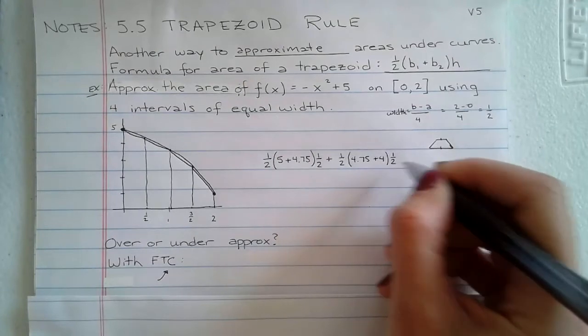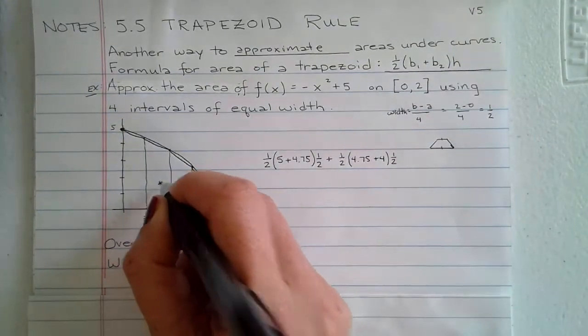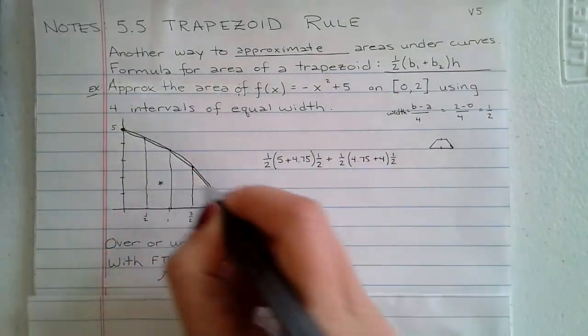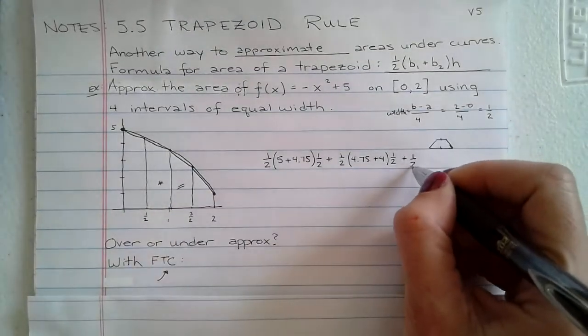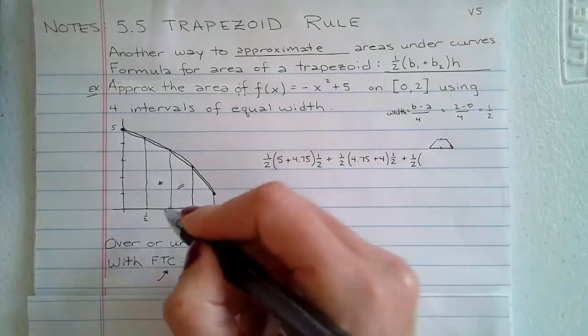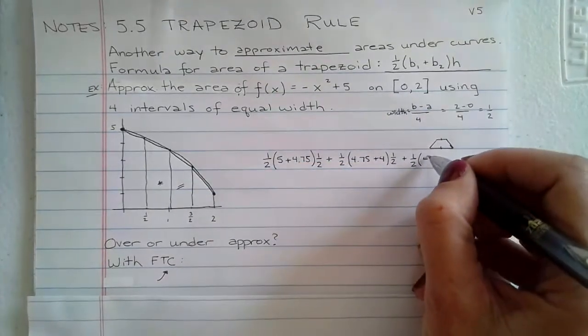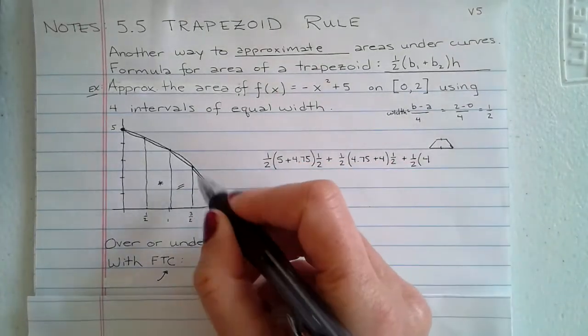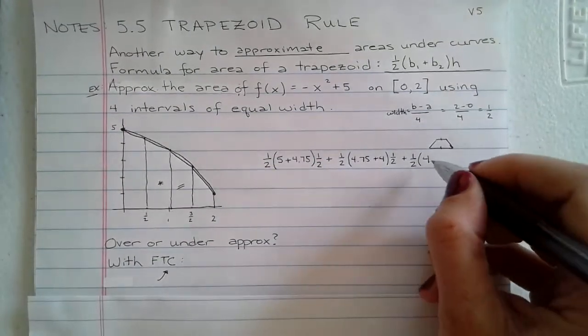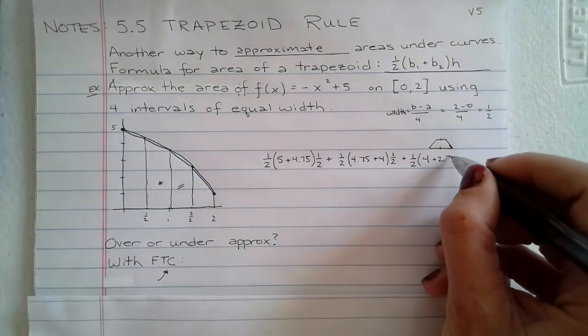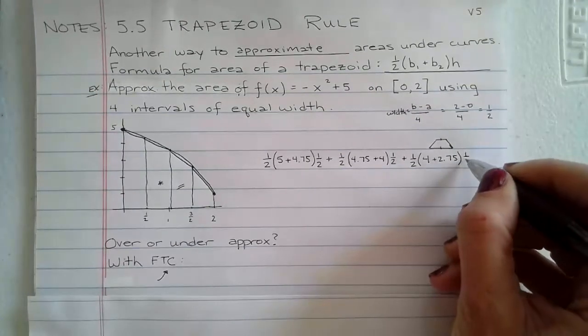So 1/2 sum of the bases times the height, that was this one. And now we're going to do this one. We've got 1/2 times the sum of the bases. Okay, this one we already got was 4. If you plug in 1.5 there, I'm getting a 2.75 times the height.